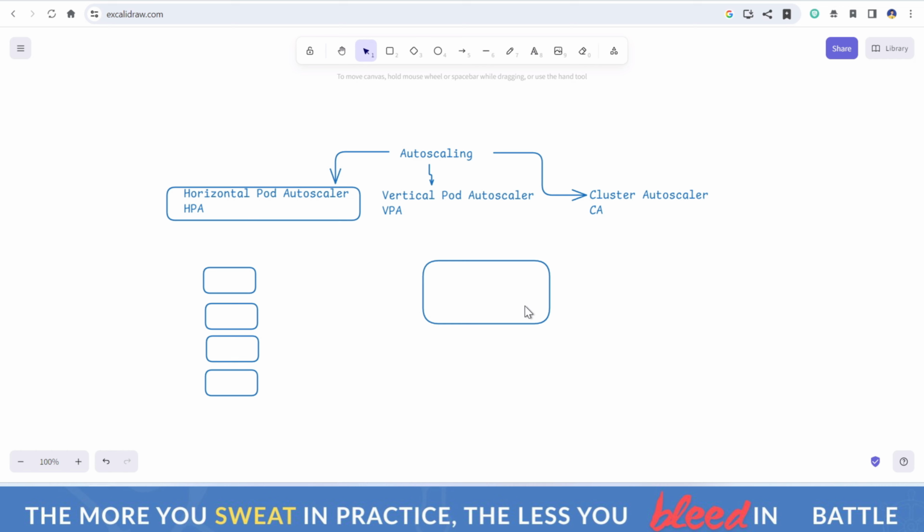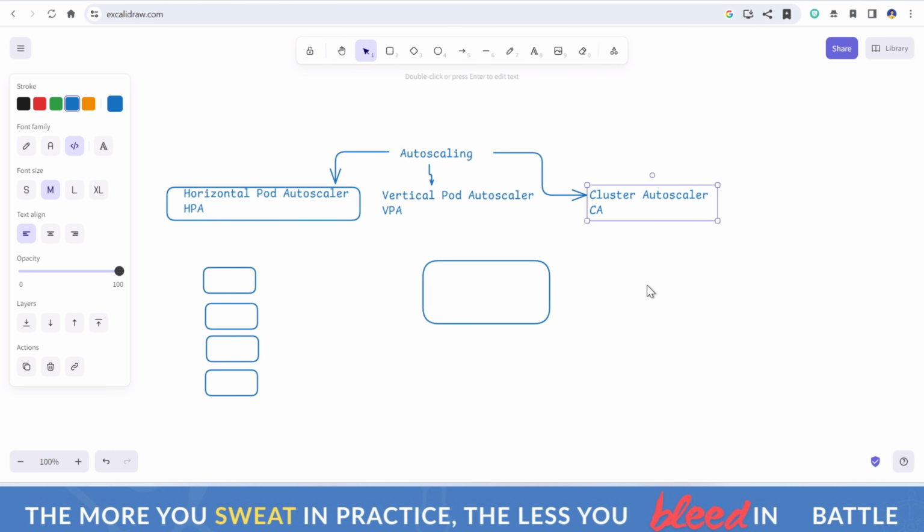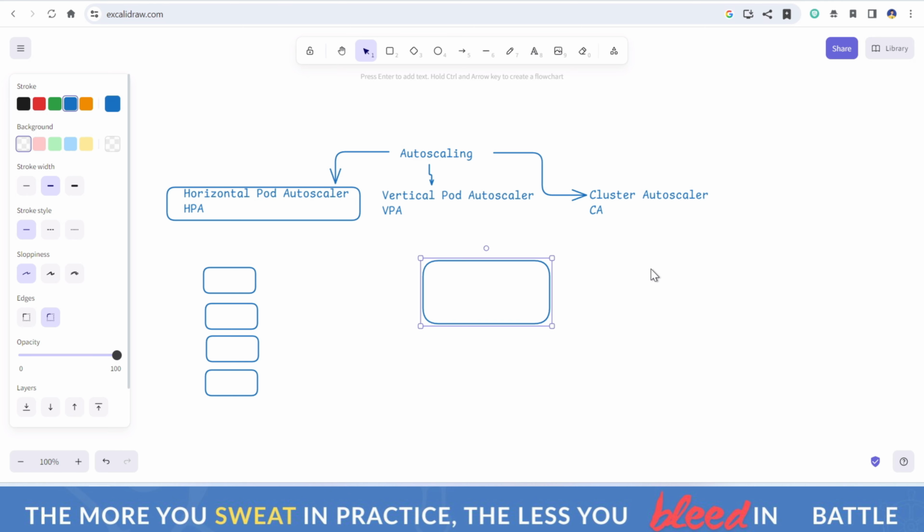So it is the vertical pod autoscaler. Here we'll deploy a new node, and this is a cluster autoscaler. So we can summarize as HPA: more pods, VPA: bigger pod, and cluster autoscaler: more nodes.